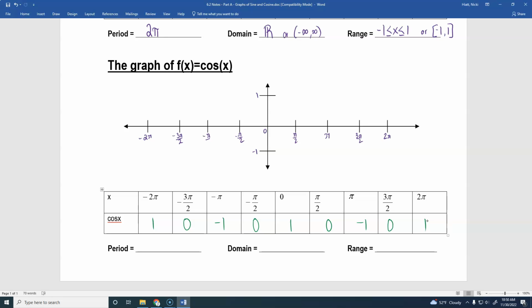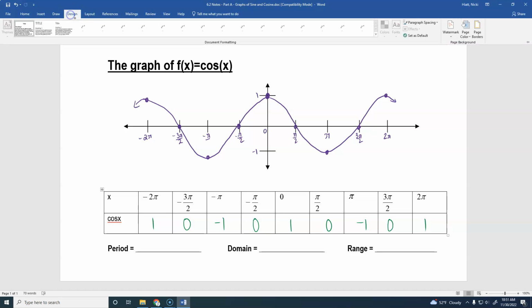Okay, and so when we graph these points, our graph will look like this. So from afar, these graphs look basically the same, right? They're just that same wavy curve.